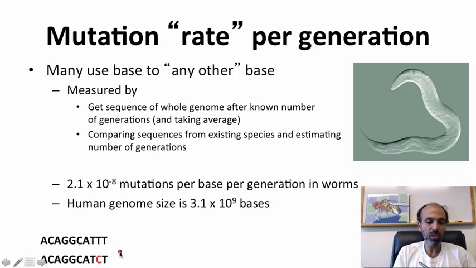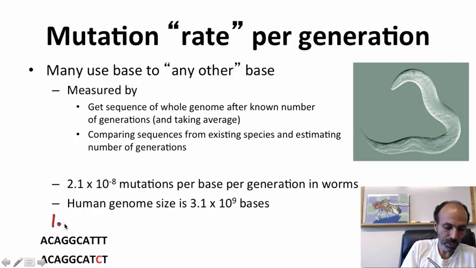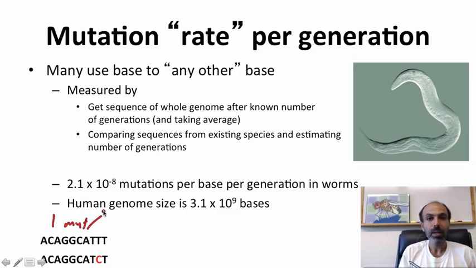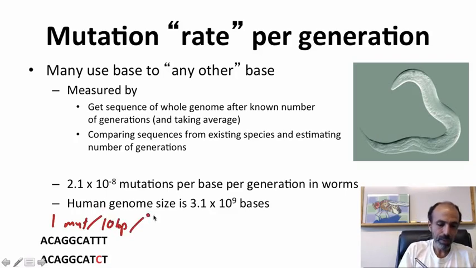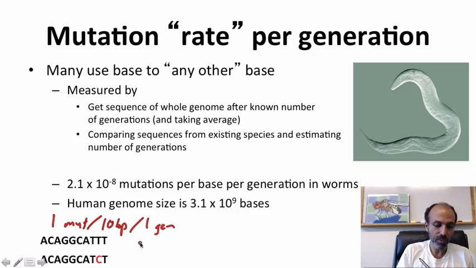Okay, and after one generation, you look at the offspring and it's ACAGGCATCT. So what do we have here? We have one mutation, right? How many bases do we look at? Well, we looked at 10 bases. And how many generations? We looked at one generation. So in this case, the mutation rate would be 0.1 mutations per base pair per generation.